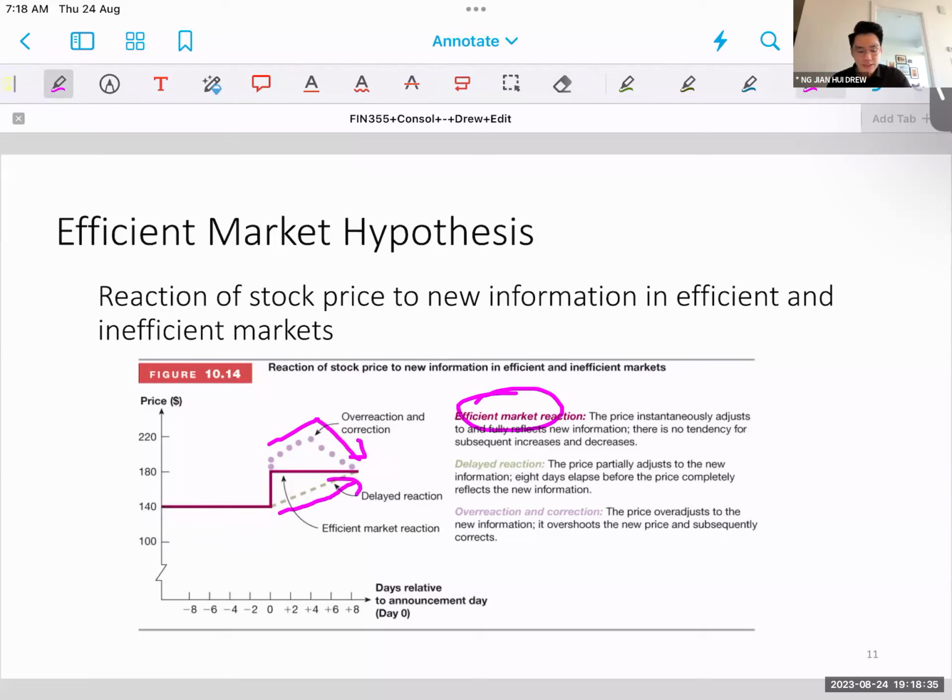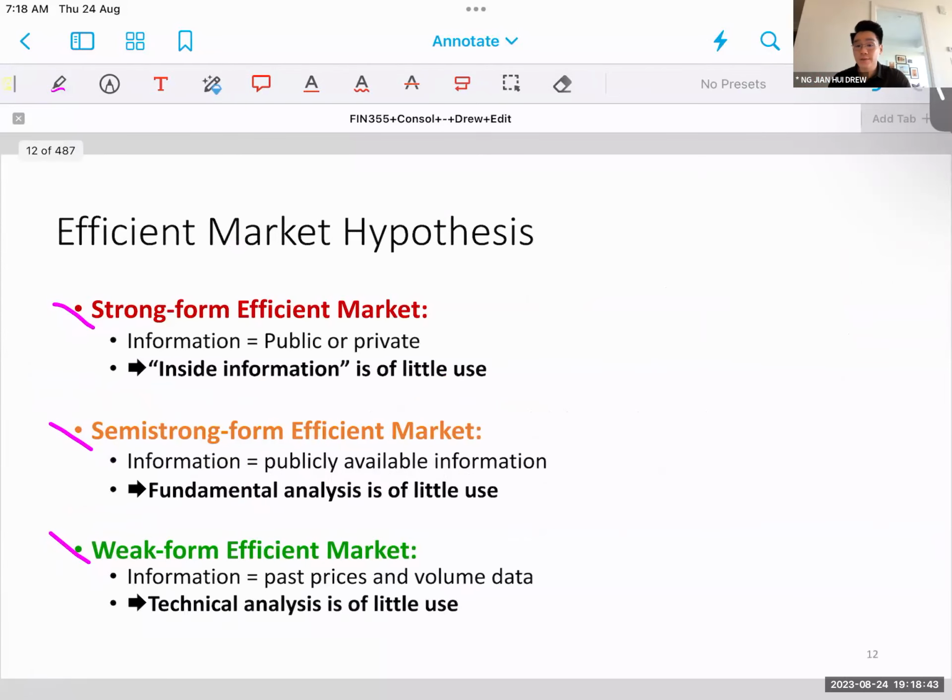So these two signals show that maybe the market is not truly efficient. And because of that, we have the three forms of market that we talk about: strong form, semi-strong form, and weak form. We'll go into some details in the next few slides.